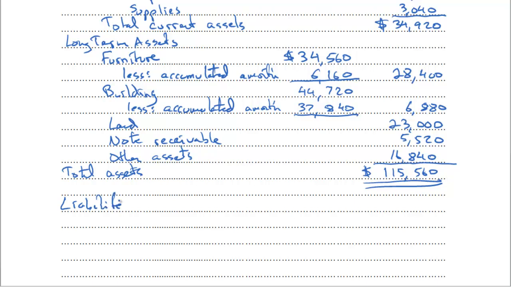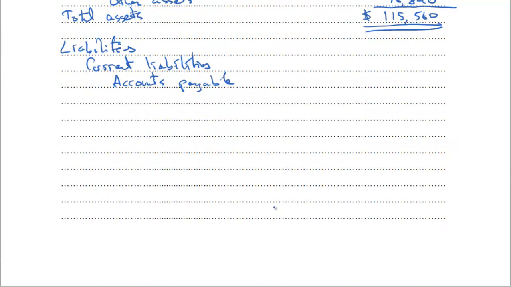Liabilities. Current liabilities. First one is, if it's there, which it is in this case, is always accounts payable. Sometimes you'll see it called trade payables, but in our case, accounts payable. $21,760.